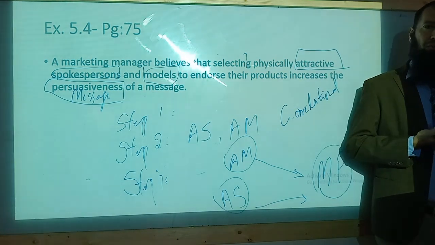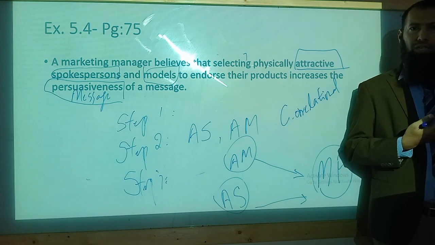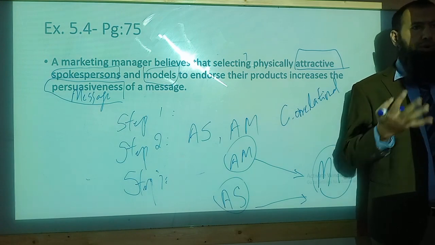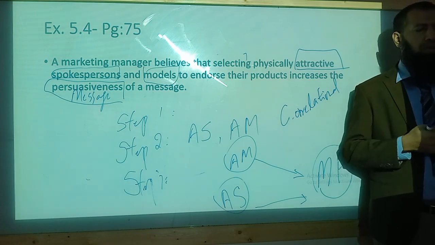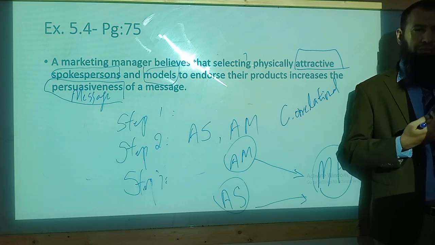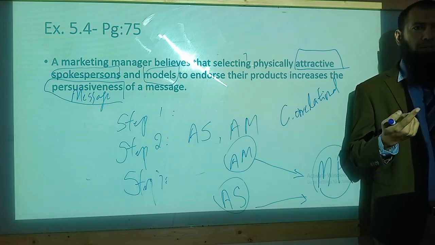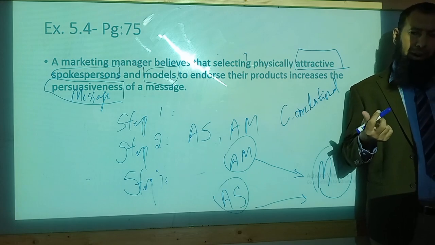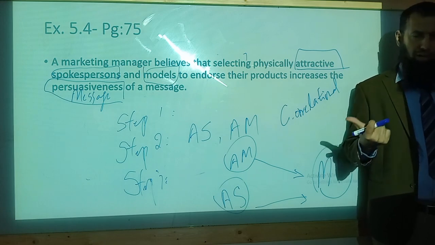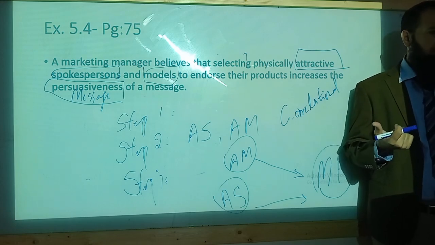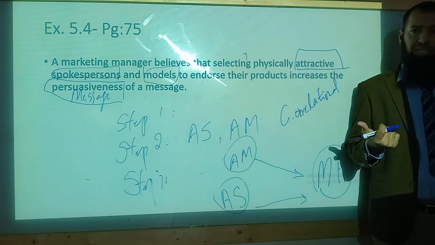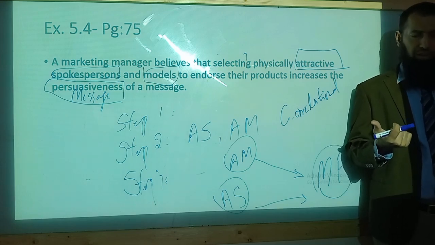So what were the 4 points we discussed in the independent variable true relationship? Anyone tell me. One of the factors was time. Independent must be before the dependent. It should precede: first independent, then dependent.